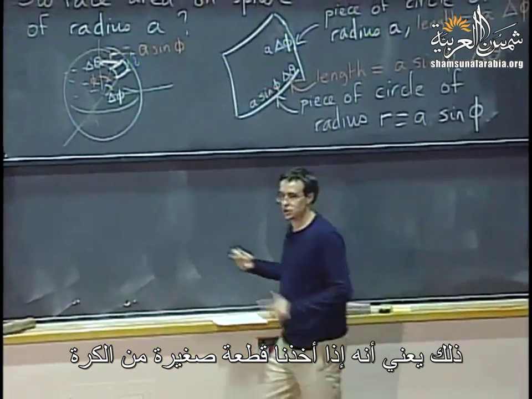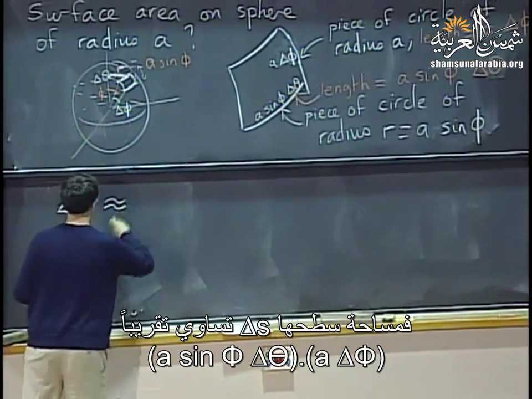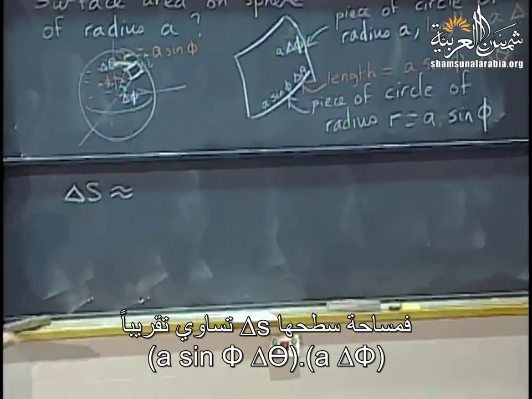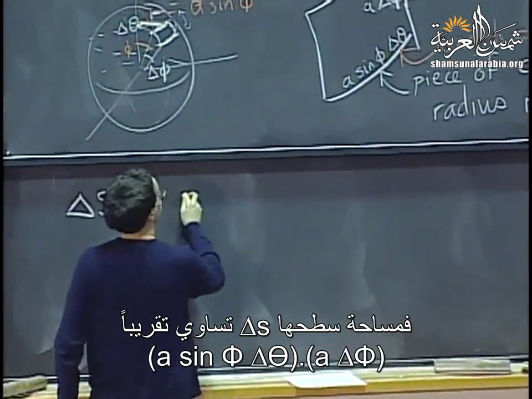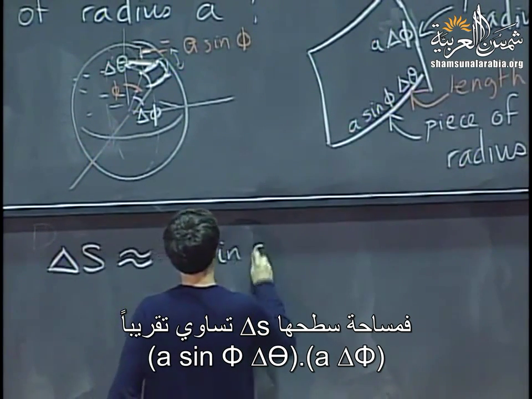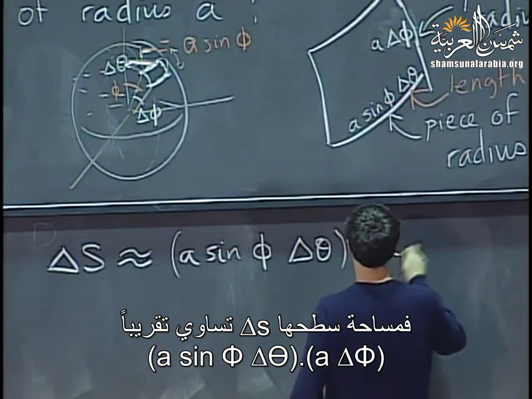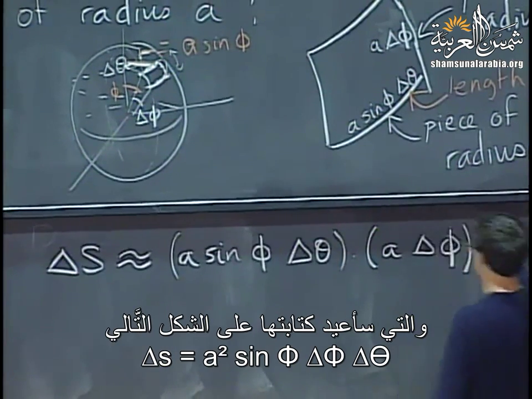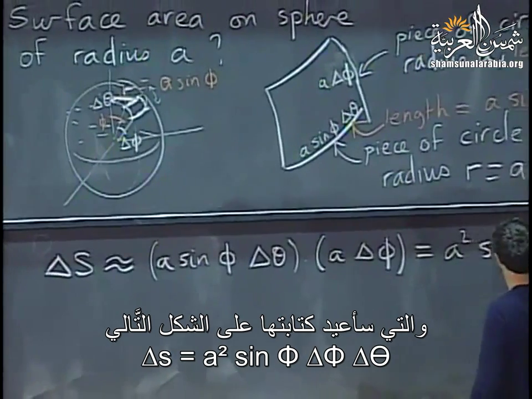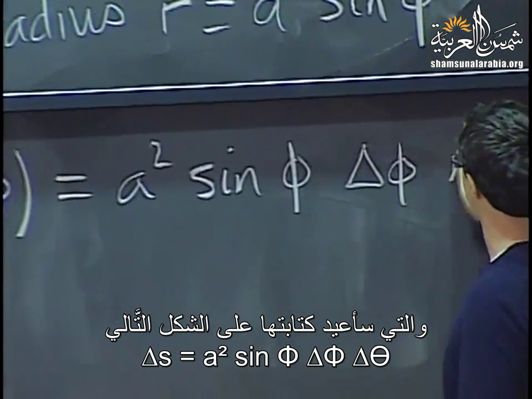And so that tells us that if I take a small piece of a sphere, then its surface area, delta S, is going to be approximately a sine phi delta theta times a delta phi, which I'm going to rewrite as a squared sine phi delta theta.